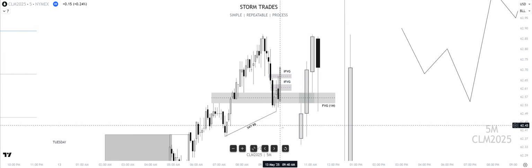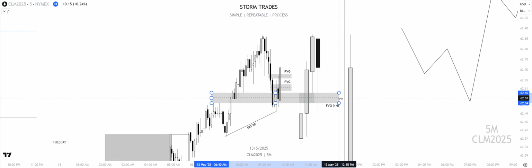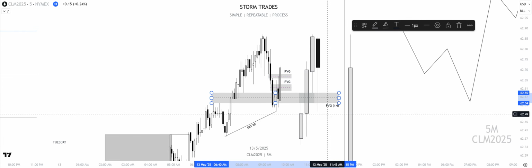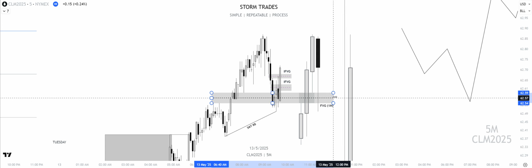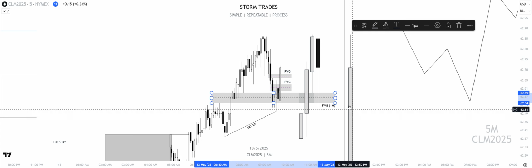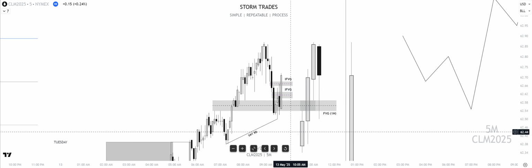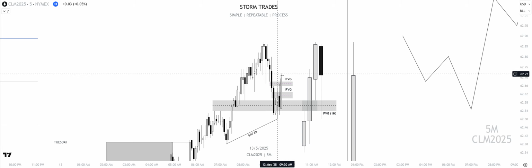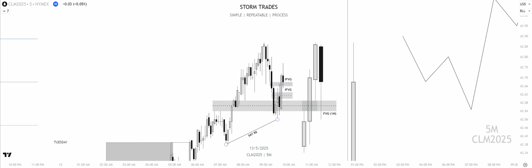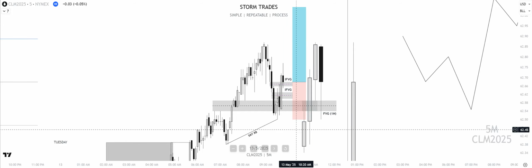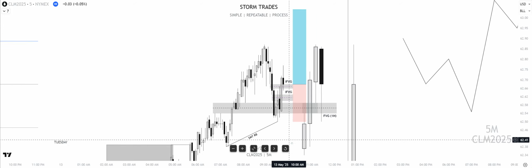Okay, so I've now got the confluence I've been looking for. We have reacted exactly the way I expected from the high time frame POI. And at this very next candle, we retrace, and I got in right here.